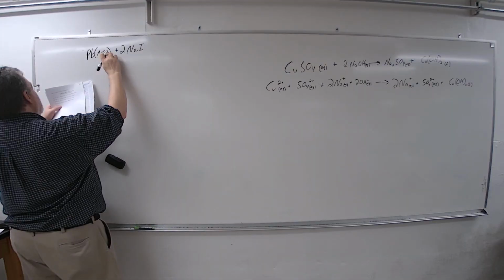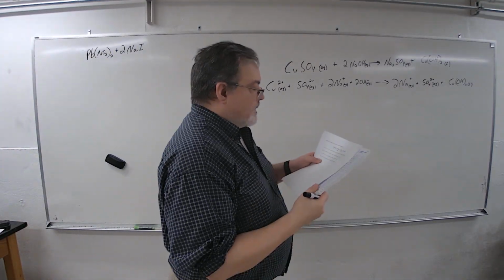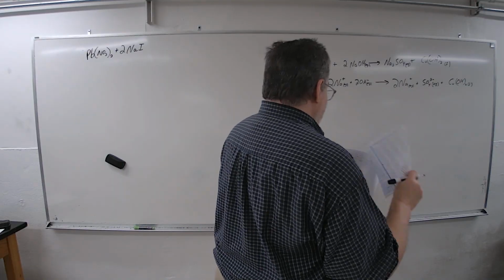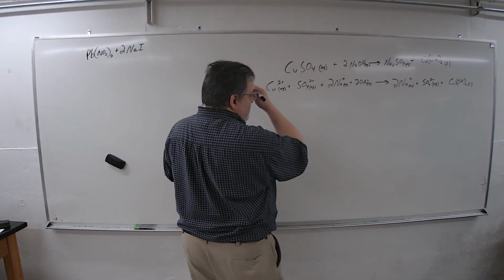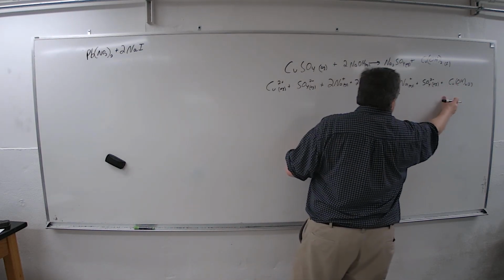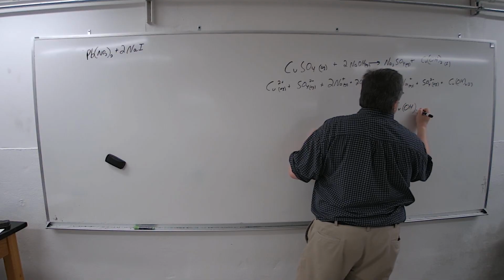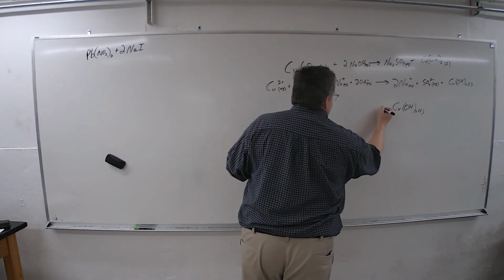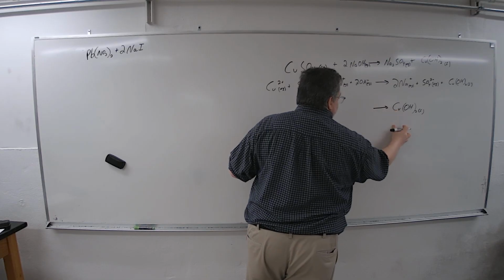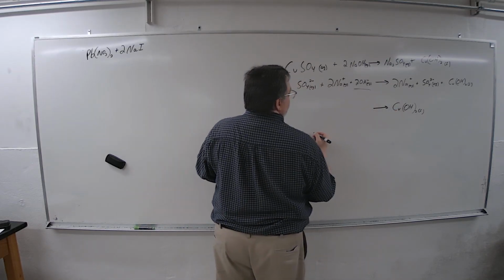And this one was the net ionic equation. He switched it around. The one he just did was the total. Oh, did I? So I'm glad I didn't erase it.